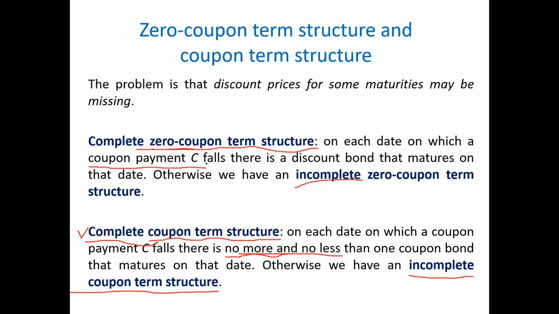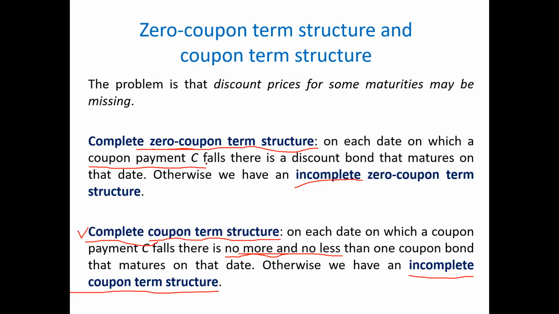So we have a set of dates, which we can arrange in chronological order. And then we see if on these dates a coupon bond matures or a discount bond matures. If on these days a discount bond matures, then we can build a zero coupon term structure. And if there is a coupon bond which matures, then we can build a coupon term structure.